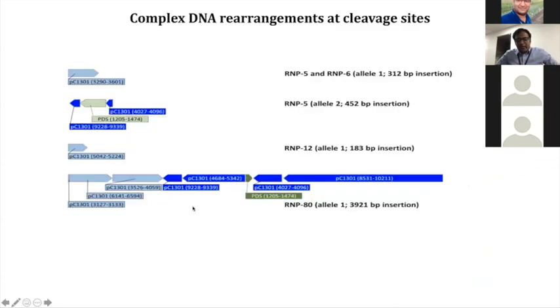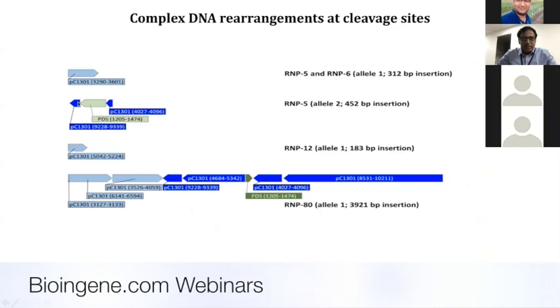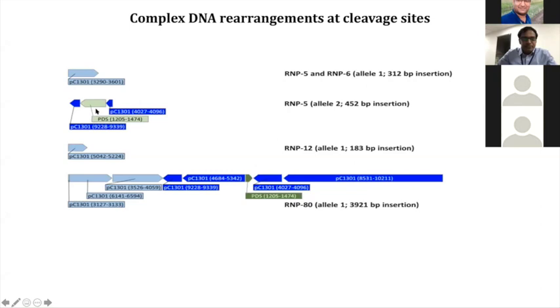Getting into more depth about the type of insertions that were happening at the cleavage site when we delivered the RNP molecules along with the selectable marker: you see here, for example, example number 2, where you have a 450 base pair insertion, of which you have a small fragment of vector DNA, then a genomic DNA fragment, then a small fragment of vector DNA again, which were joined as concatemers and integrated in the genome.